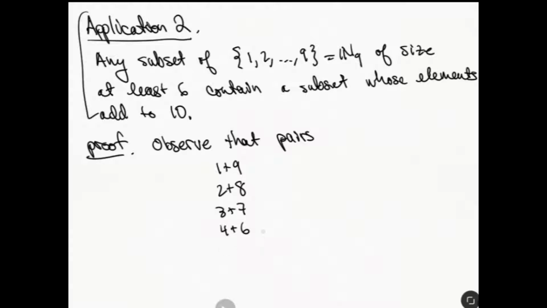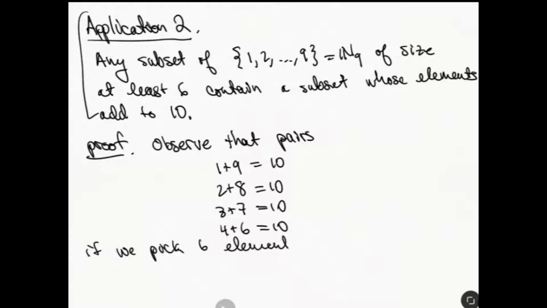You can't do 5 plus 5. So we observe these pairs, and if we pick 6 elements, one of these pairs must be included.